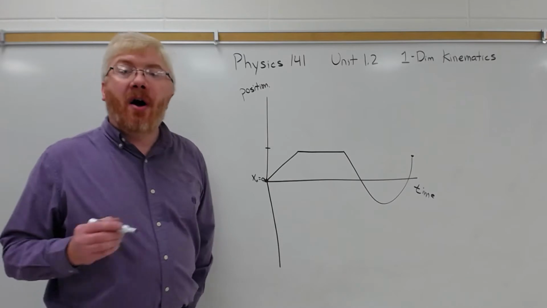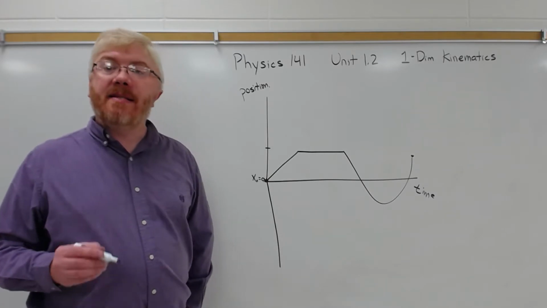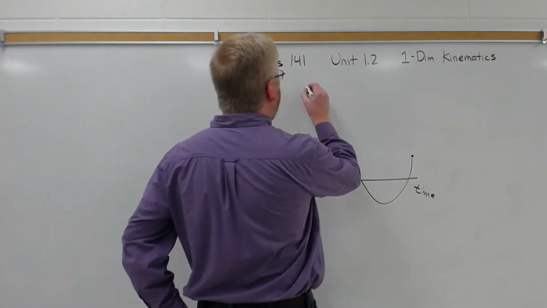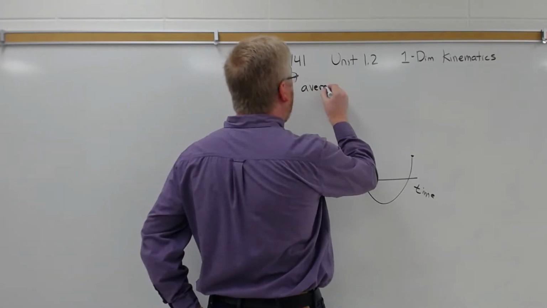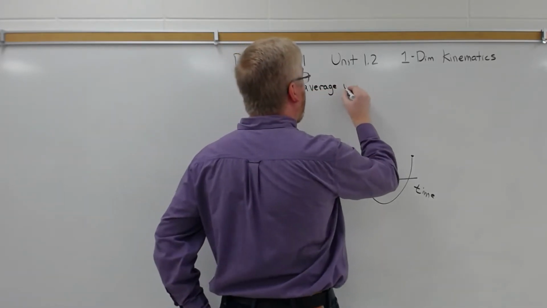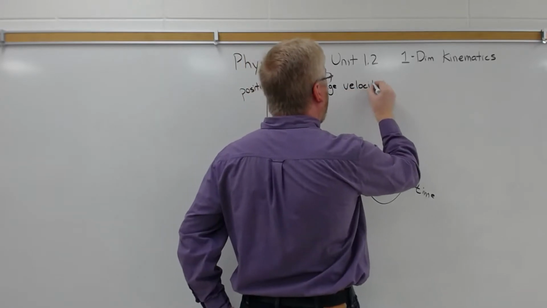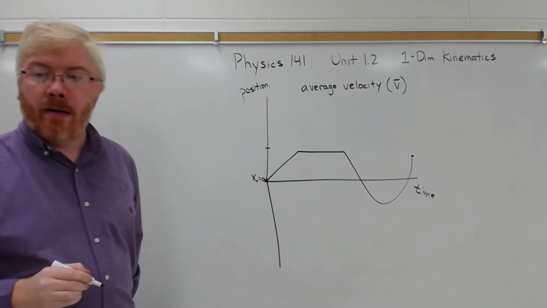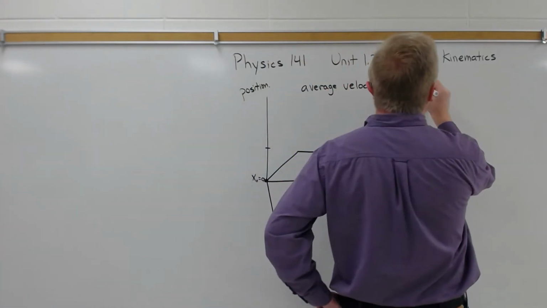But when we talk about velocity and instantaneous velocity, we can actually use this. So average velocity, which remember is a v with a bar over it, is the slope between 2 points.